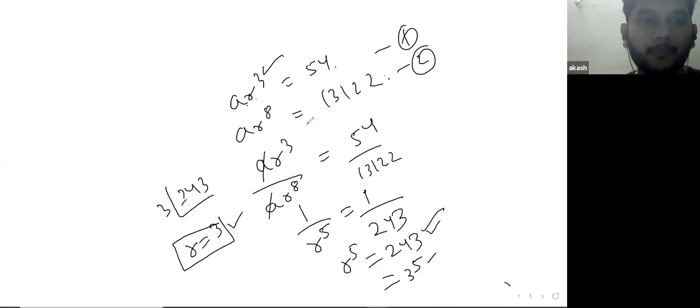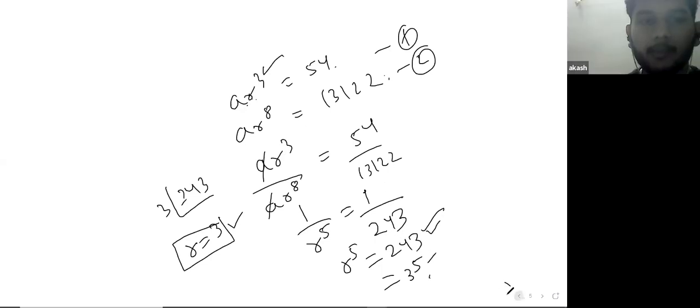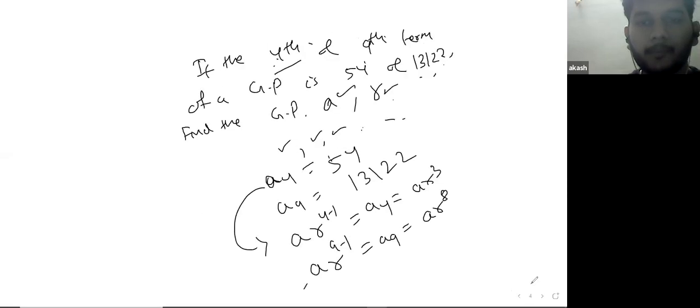Okay. And Khalil, you are late today. Khalil, you can write this question if you want to solve. Please try to solve this question at home and ask me if you cannot at home. All right. This is the question.